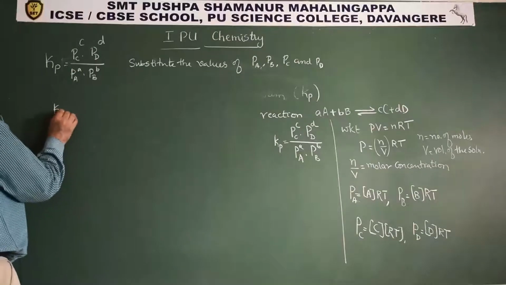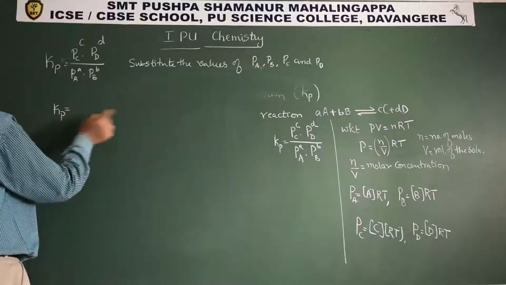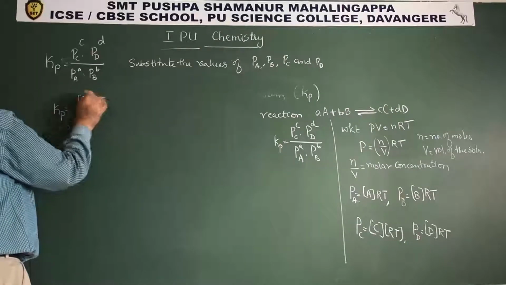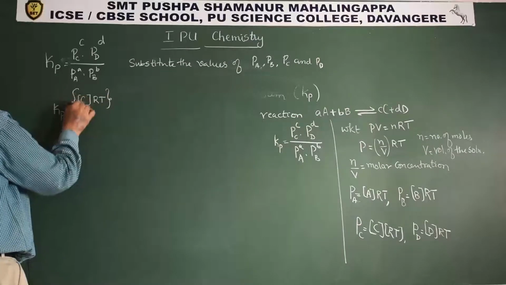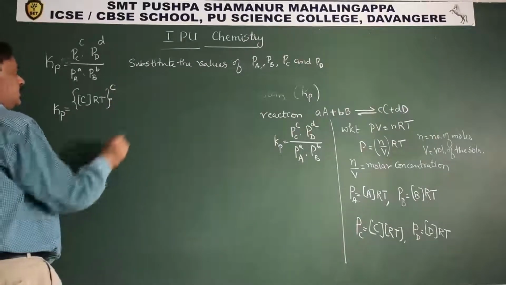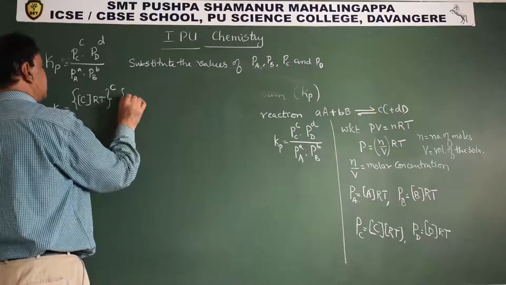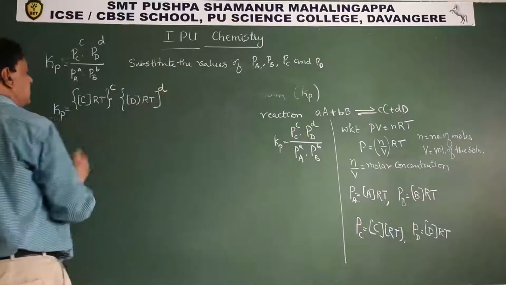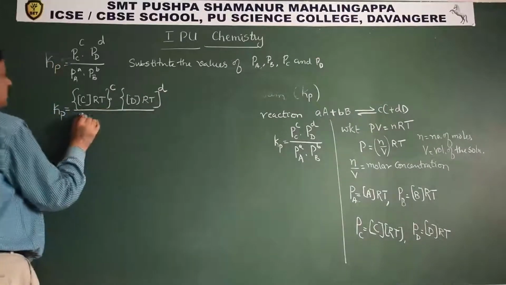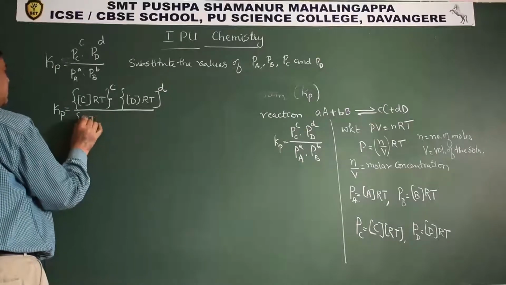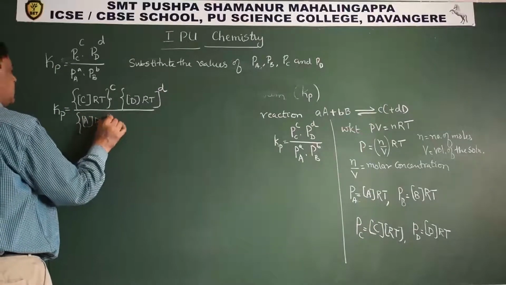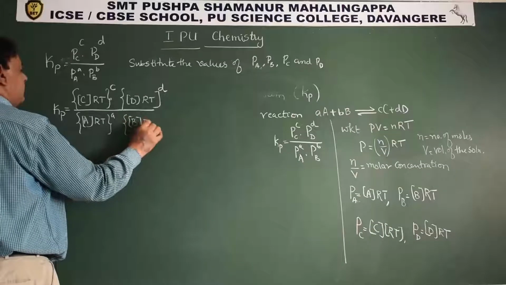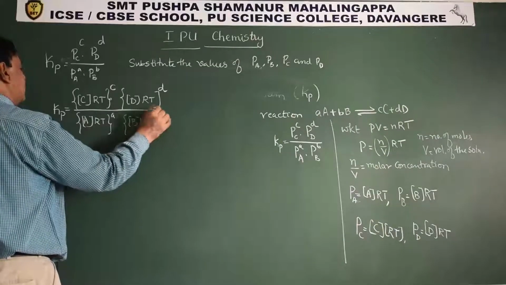Now Kp is given by [C]RT whole to the power of c into [D]RT whole to the power of d divided by [A]RT whole to the power of a into [B]RT whole to the power of b.